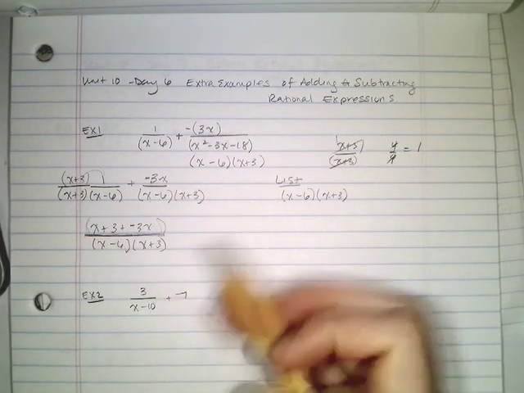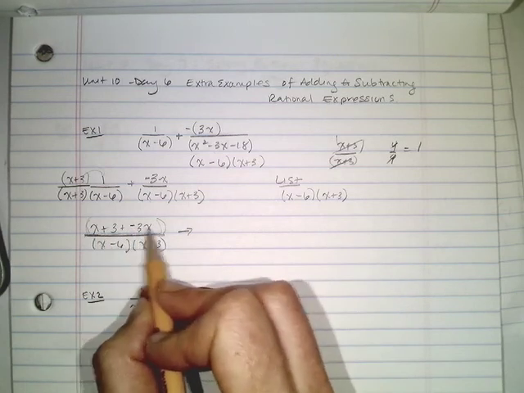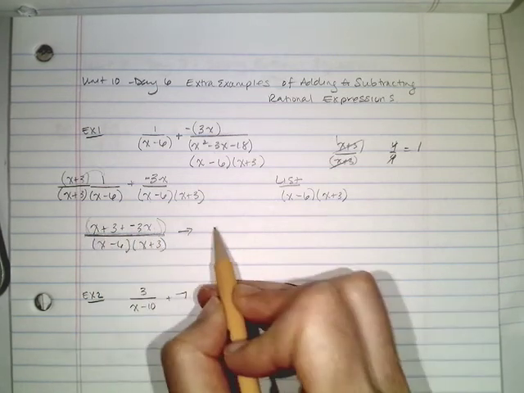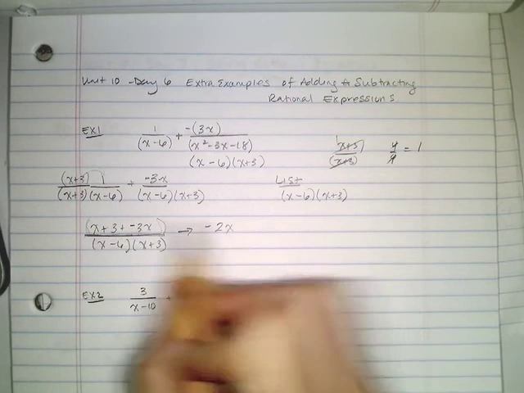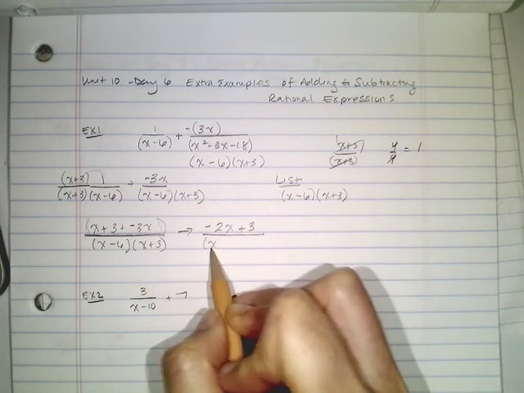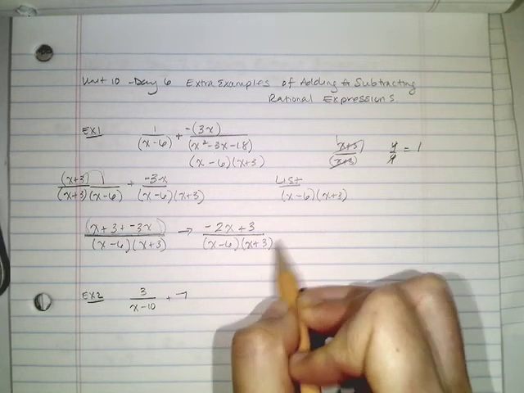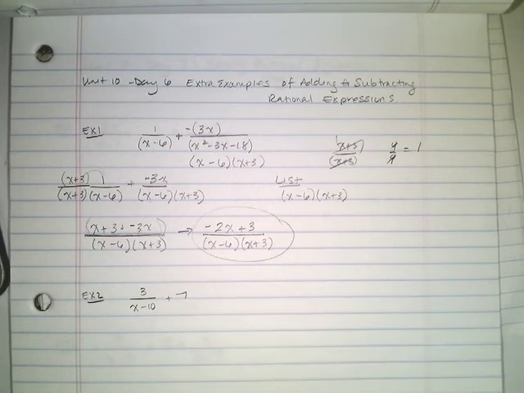The only thing I see here is negative 3x plus x is just negative 2x, and then I'm left with a plus 3. There's nothing else there that I can do. Then leave the denominator as x minus 6, x plus 3. This is what I want you to enter in for your answer in Delta Math.